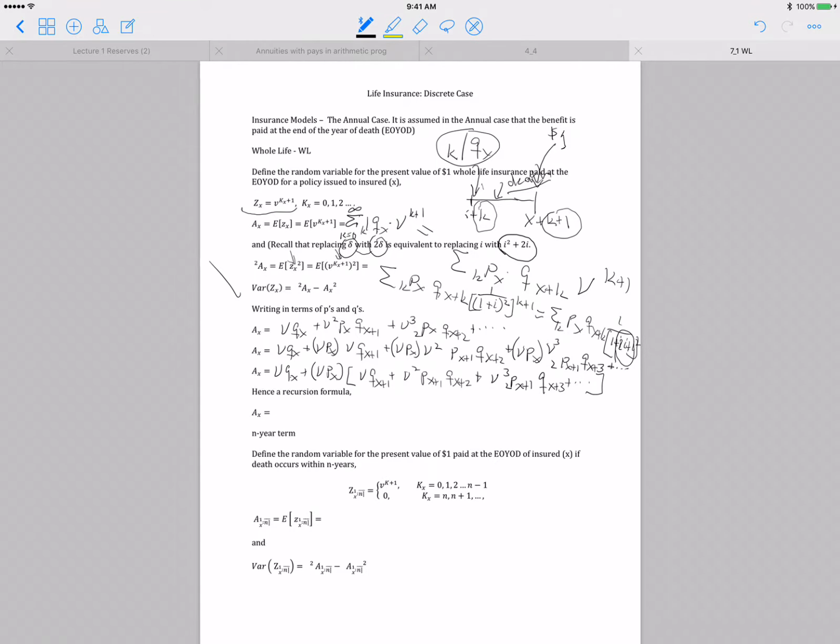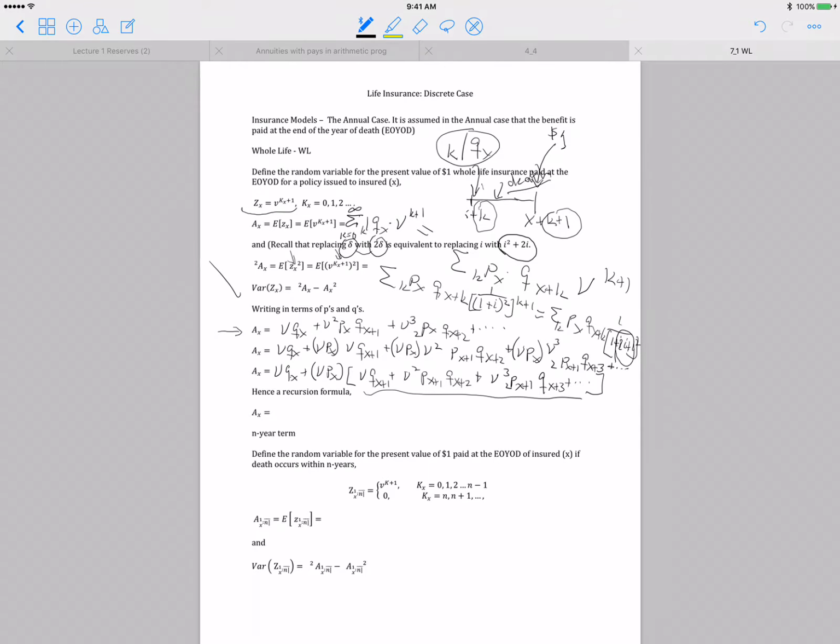And then what is in the square brackets here? The square brackets look an awful lot like what we have up here for ax, except x has been replaced with x plus 1. So this is the actuarial present value of whole life issued to age x plus 1 in brackets.